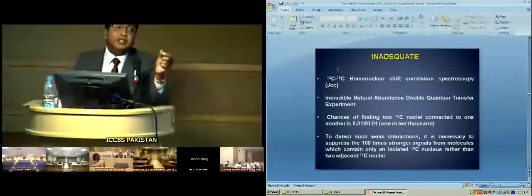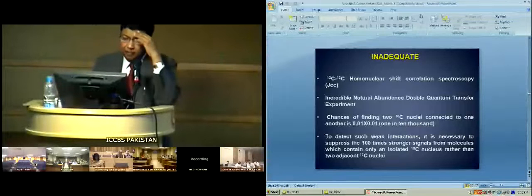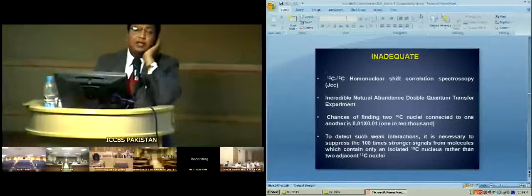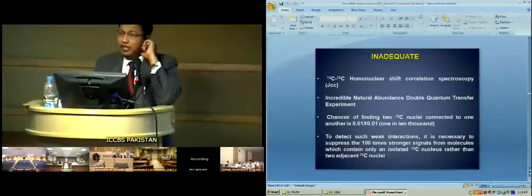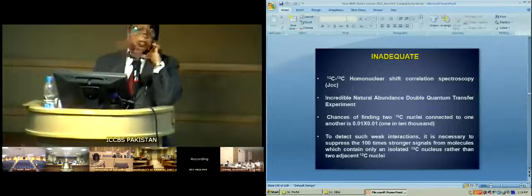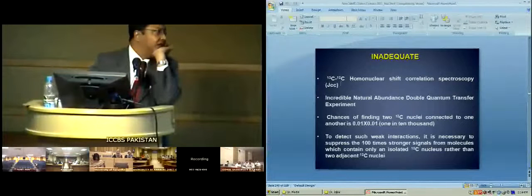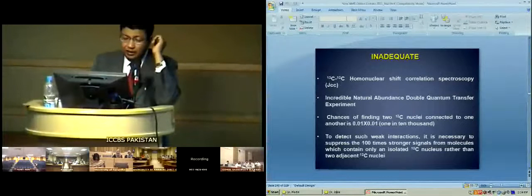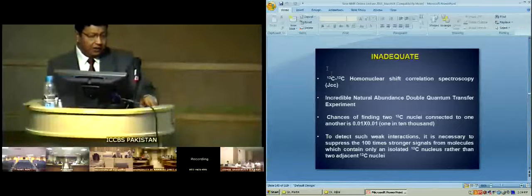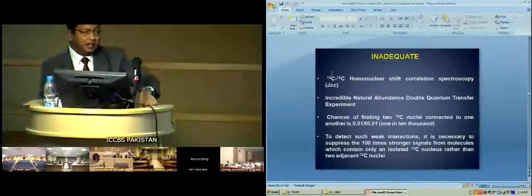C13 labeling. C13 coupled with C13 is a doublet, right? The possibility of having C13 next to C13 is 1 in 10,000.